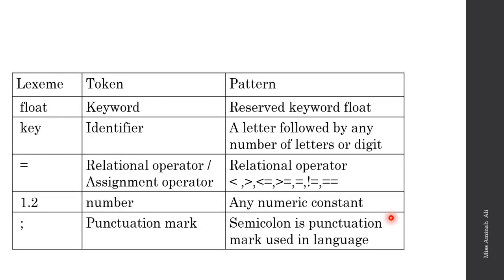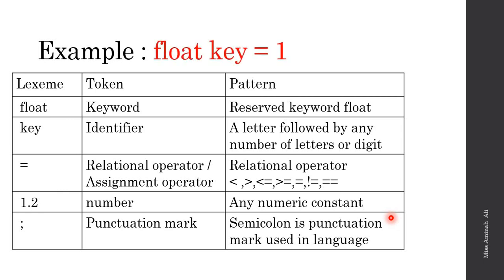So now we will see this. This is some example. Let's say कि हमारे पास एग्जाम्पल थी float key is equals to 1.2 semicolon. अब यहाँ पे हम स्टार्ट करेंगे. What would be the lexemes? Float is a lexeme, key is a lexeme, this equal sign is a lexeme, 1.2 is a lexeme, and this semicolon is a lexeme. What are the tokens?